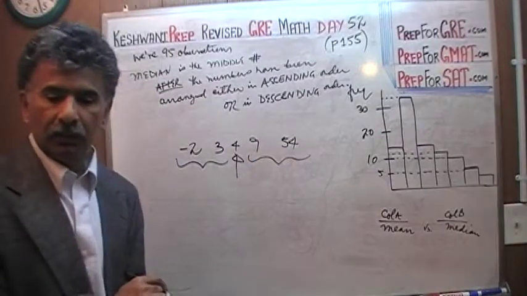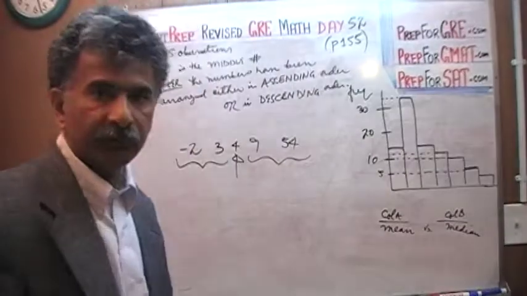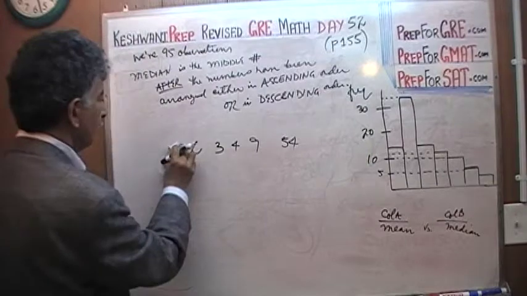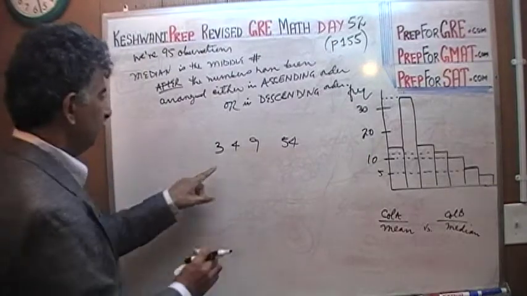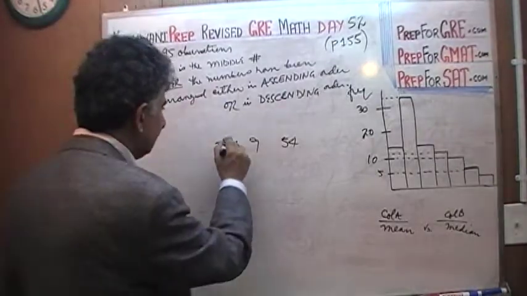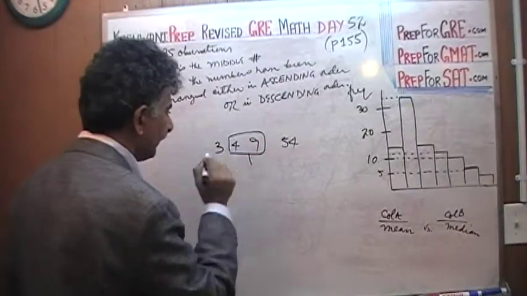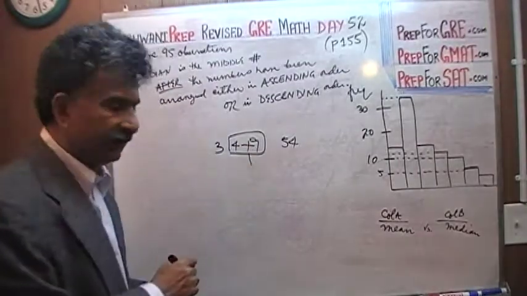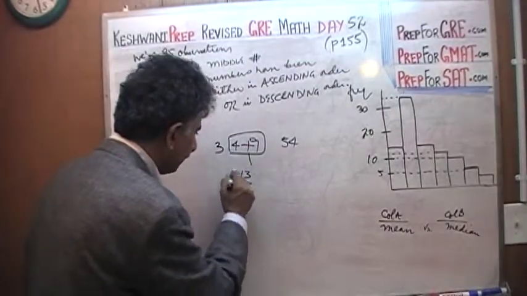What happens if we have an even number of numbers? Something like this. We got 3, 4, 9 and 54. In that case, you take the middle two numbers and you take their average. The sum of these two numbers, 9 plus 4 is 13. 13 divided by 2, that is your median.